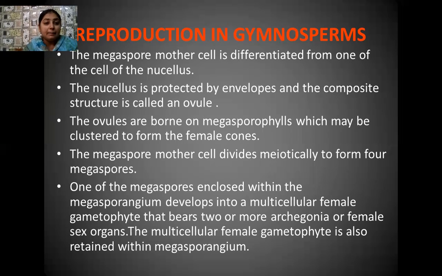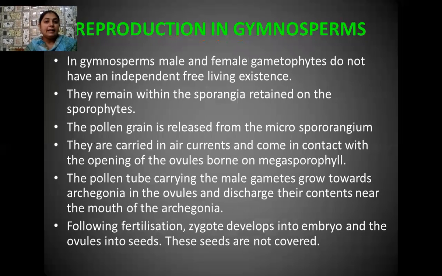Here, 2 or more archegonia are present. And you know the structure of archegonia, that these archegonia are flask shaped in structure, and each of these archegonia contains the egg cell.